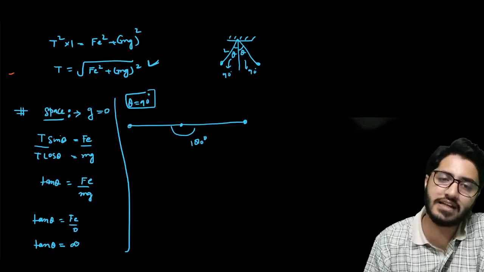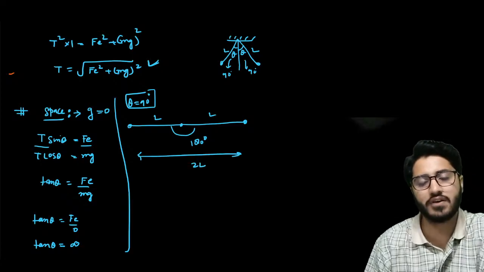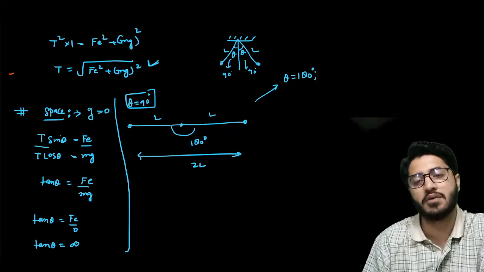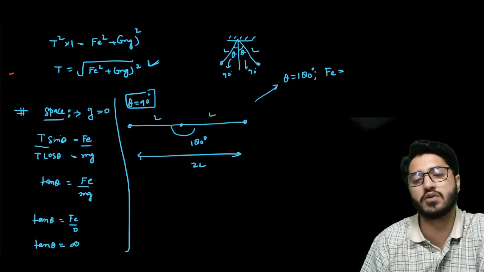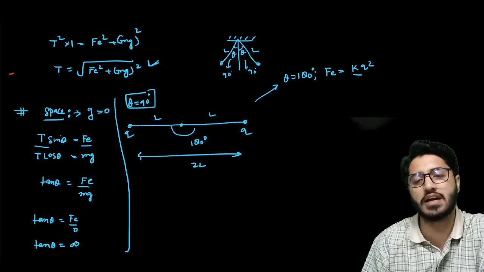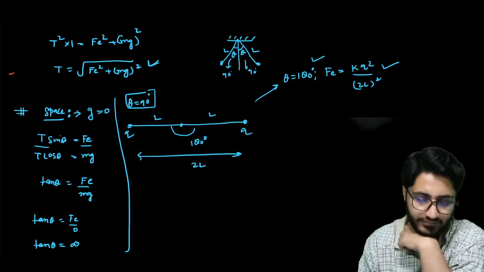If the length is L, this is L, so the whole length will be 2L. So my theta is equal to 180 degrees. My new force will be equal to how much? K Q1 Q2. Both are the same charges, so I will write 2 KQ square divided by (2L) square.